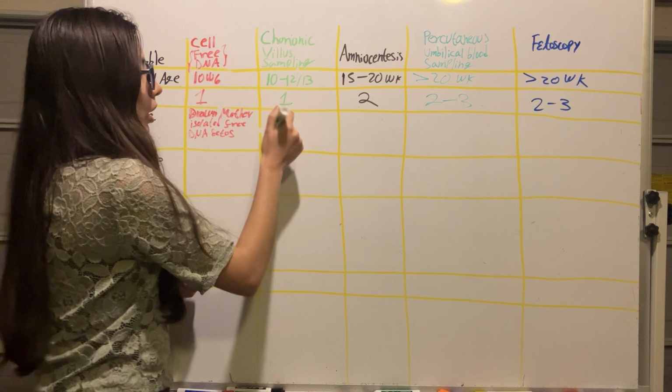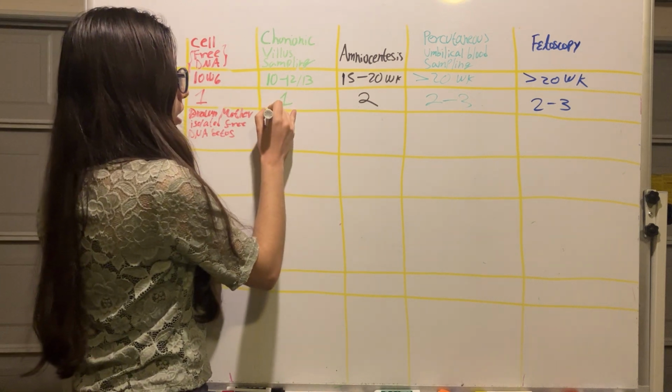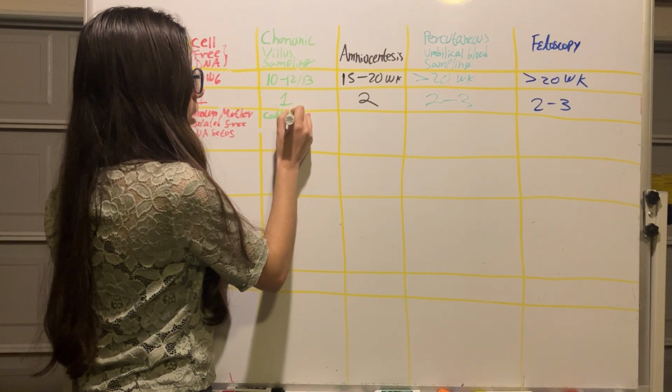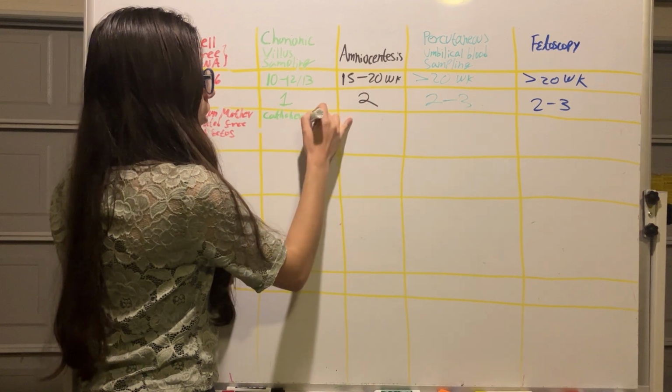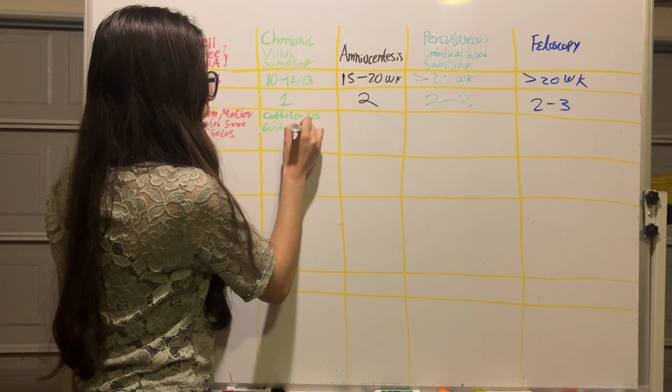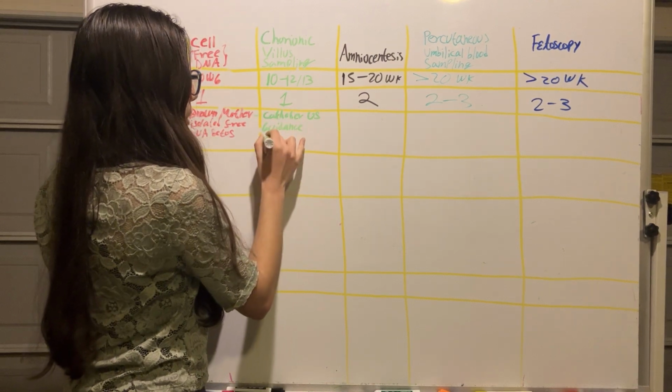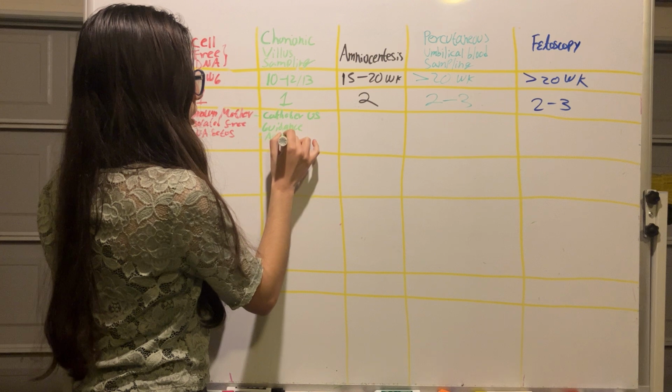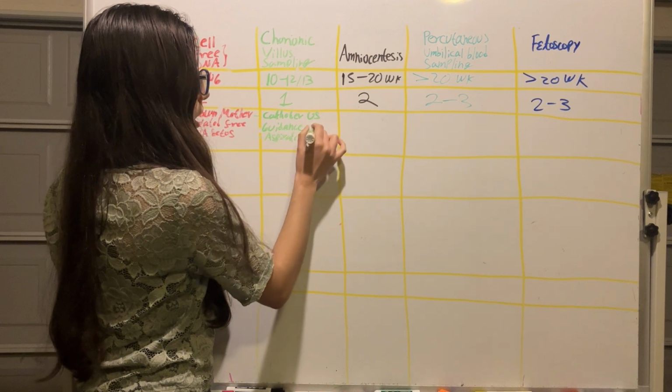Chorionic villus sampling, this is we insert a catheter under US guidance, and we are going to aspirate placental tissue.